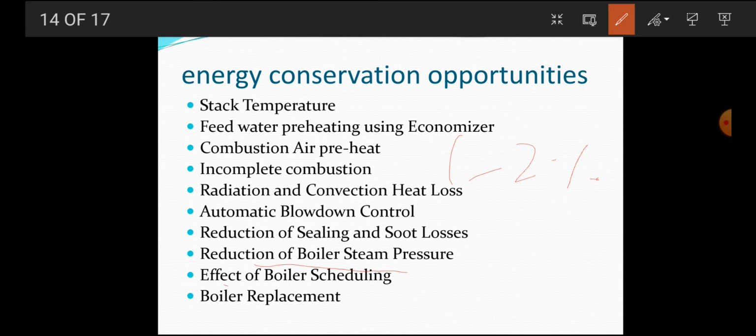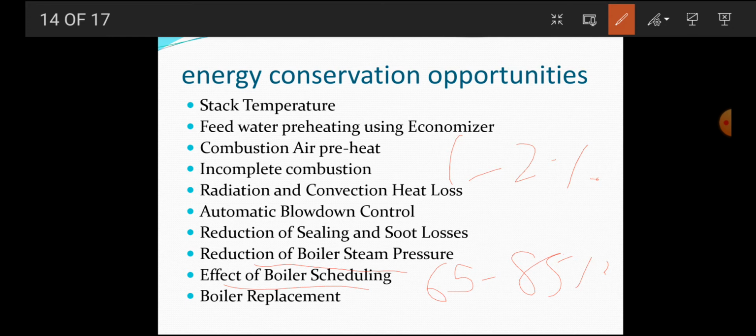The next is the effect on boiler scheduling. Since the optimum efficiency of boilers occurs at 65 to 85% of full load, it is usually more efficient on the whole to operate a fewer number of boilers at higher loads than to operate a large number at low loads.